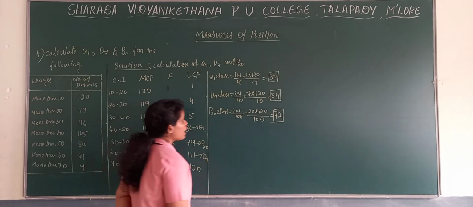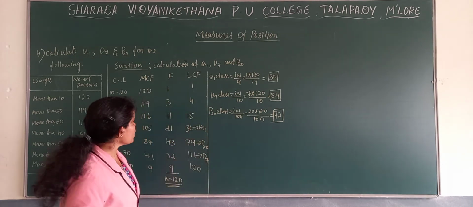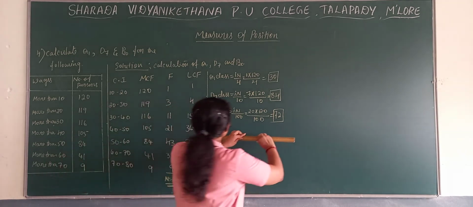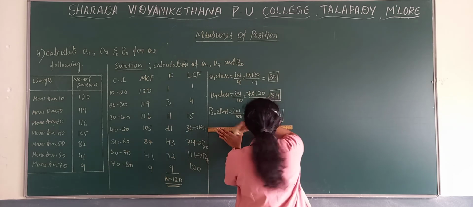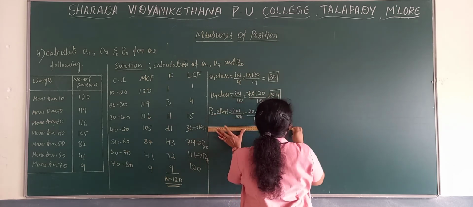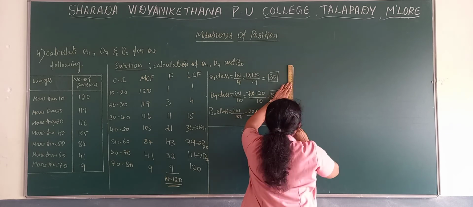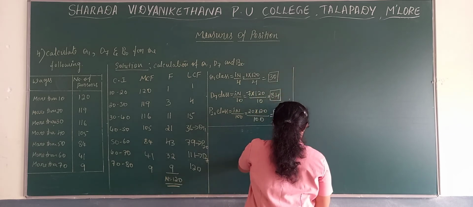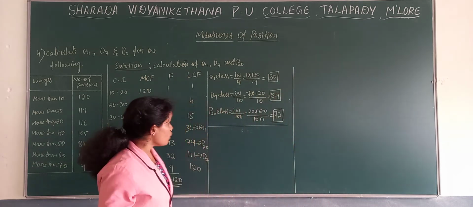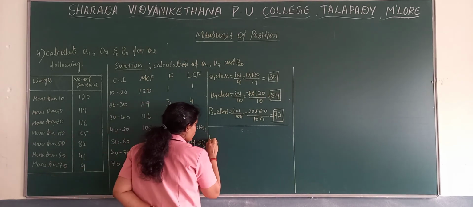Now apply the main formula for Q1, D7 and also for P20. Now we'll see the first one, that is Q1. How to find out Q1? Apply the formula.